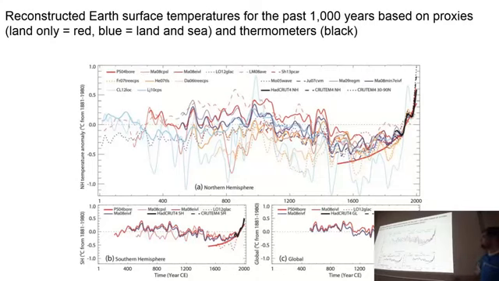The different colours on here refer to, I think, different combinations of land and sea data. I think the thick lines are where they've just got land data, and the thin lines are where they've included data from the ocean as well.